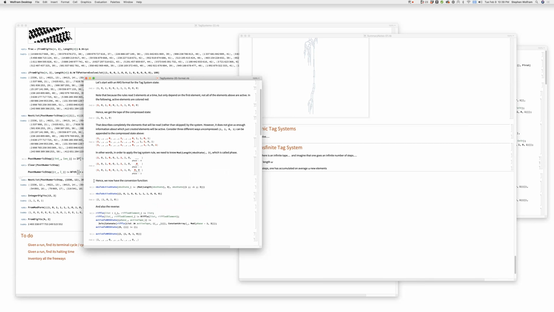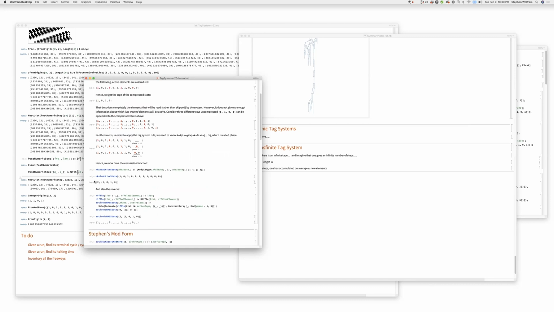Okay, NKS2 active state. I don't understand this. See, this isn't the reverse, right?